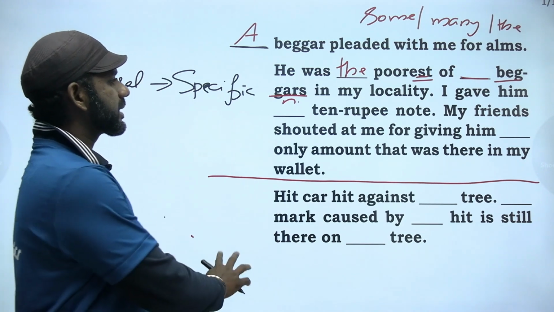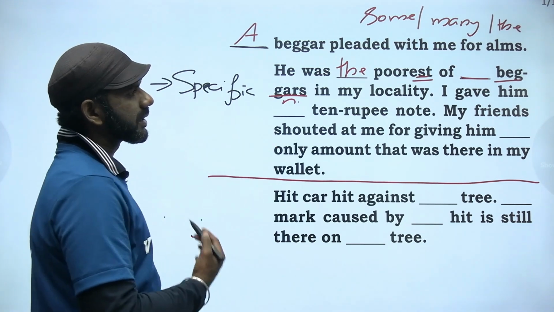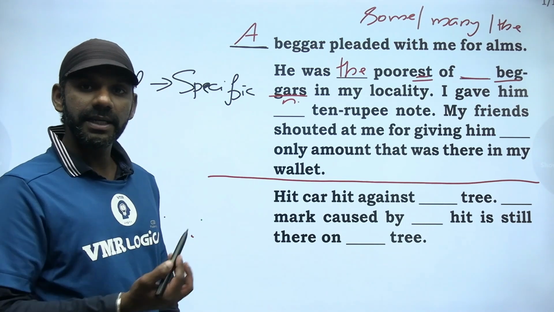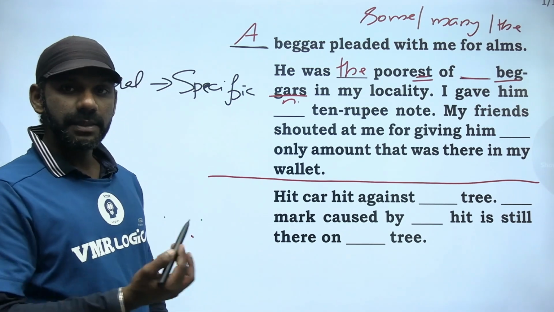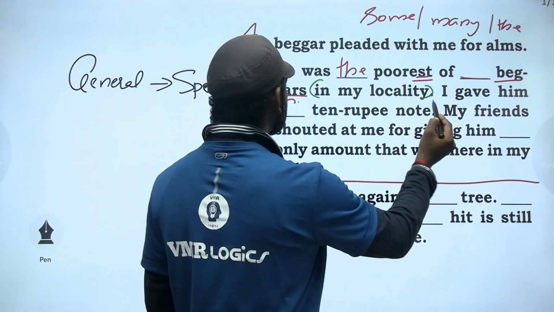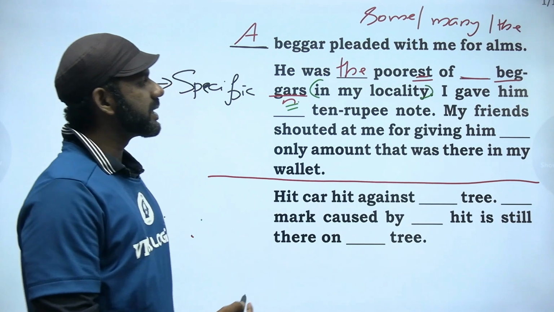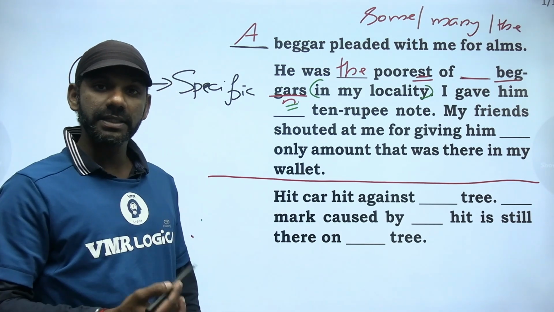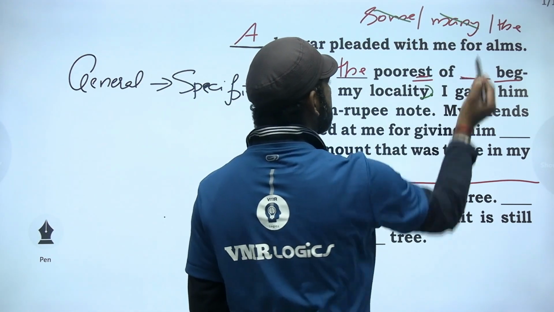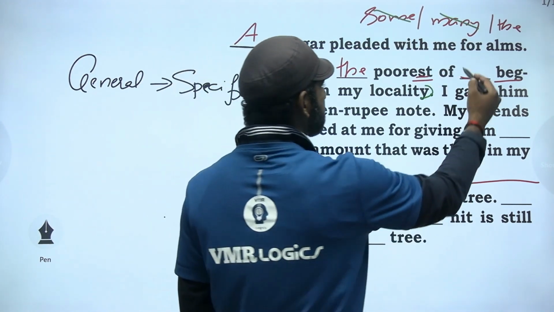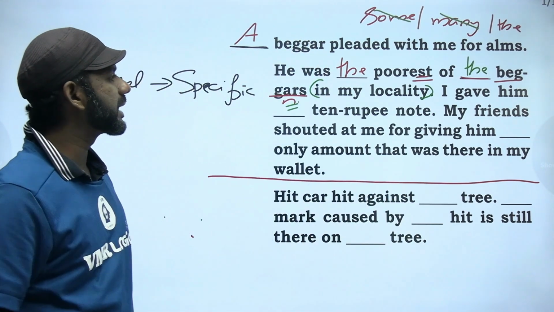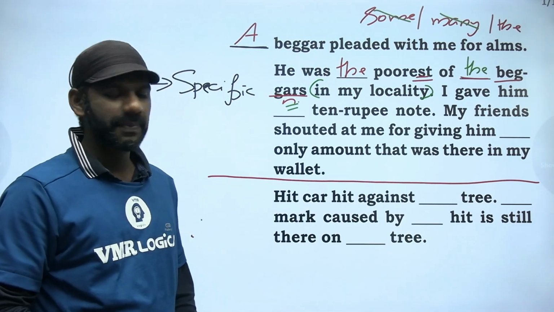In this sentence, is there any detail given regarding the noun beggars? Yes. Beggars in my locality. In my locality is the information given regarding the noun beggars. So in this case, the noun beggars must be taken as specific. So it cannot be some beggars or many beggars. Specific means it must be the. So he was the poorest of the beggars in my locality.